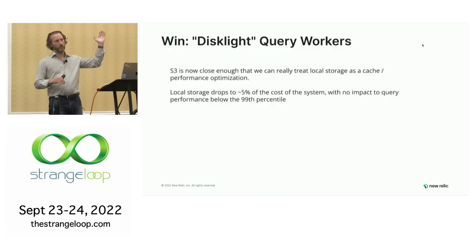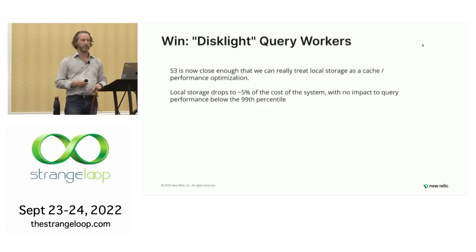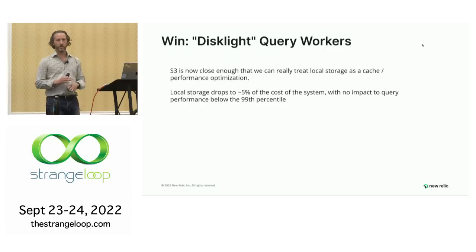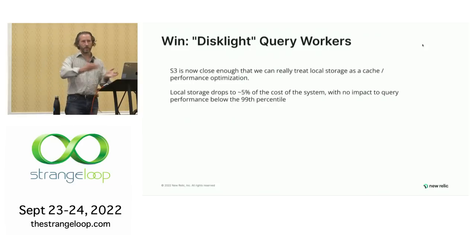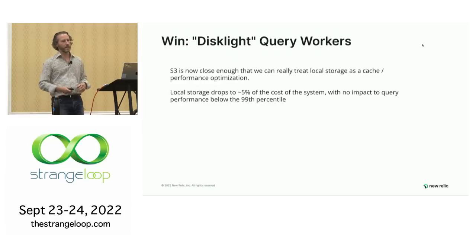So we massively reduced the amount of local storage in the system, brought that down to 5% of the cost of the system, and we were able to do this with no impact to query performance up to the 99th percentile. The vast majority of queries that people are doing against observability systems like this are for the last hour or the last day of data, and so we keep that data set in the hot set, but at much lower cost.